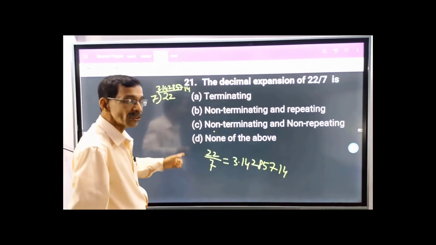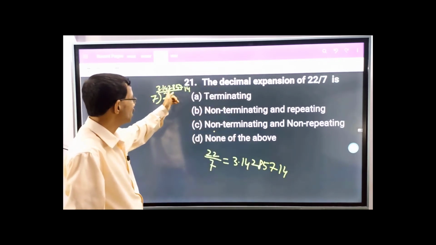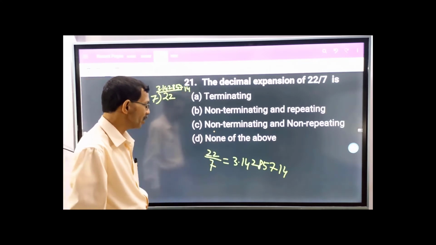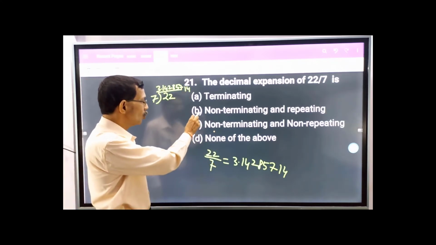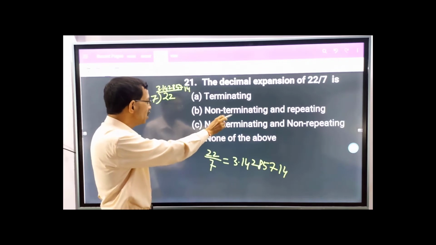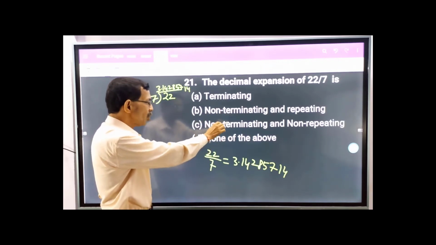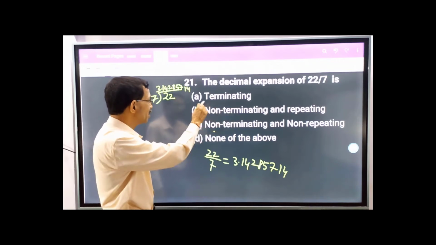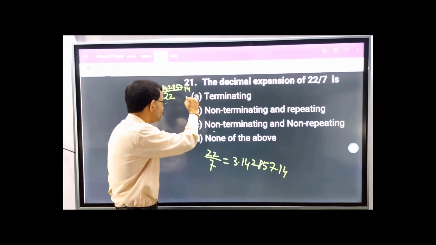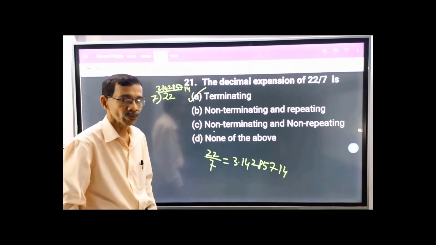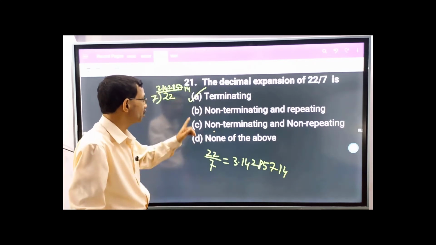When you continue this division process, you will find this value is like this. So it is terminating. So non-terminating is wrong, none of the above is wrong, non-terminating and non-repeating, that is wrong. And the correct option is A.